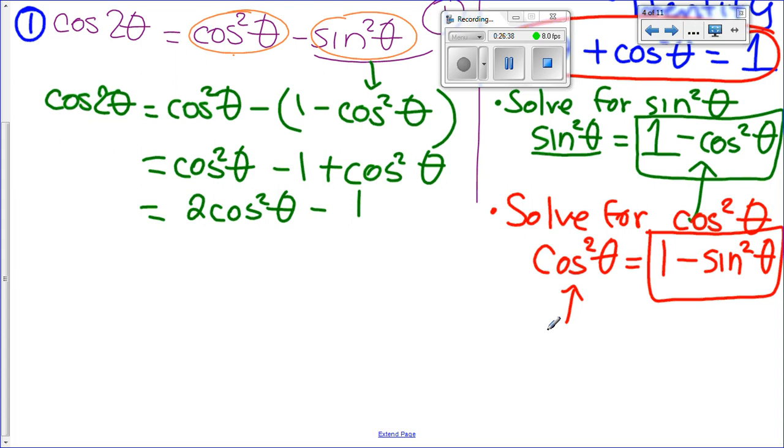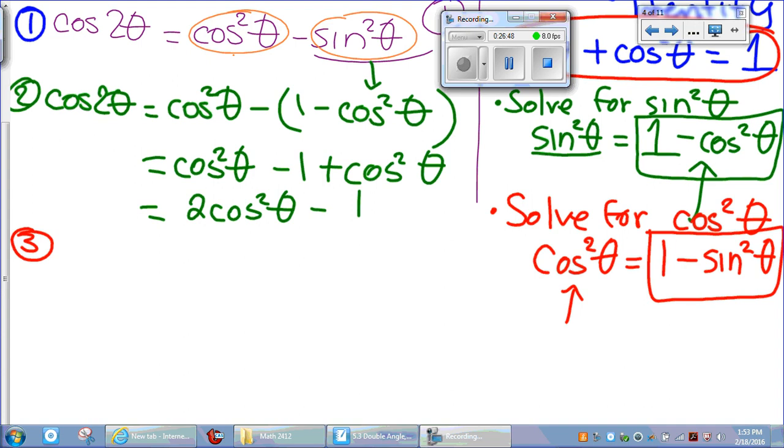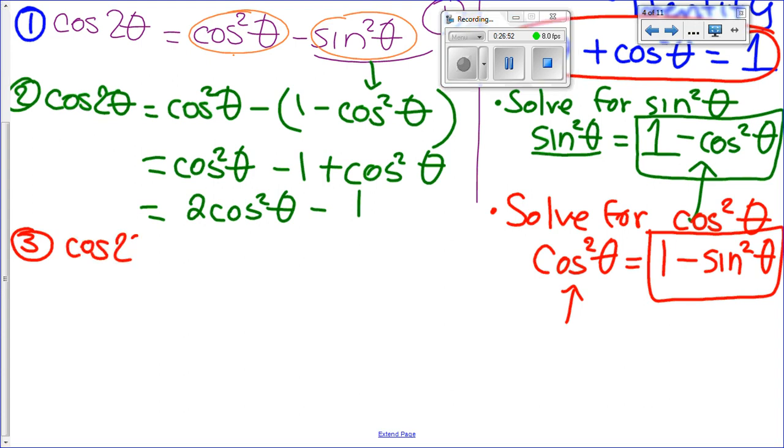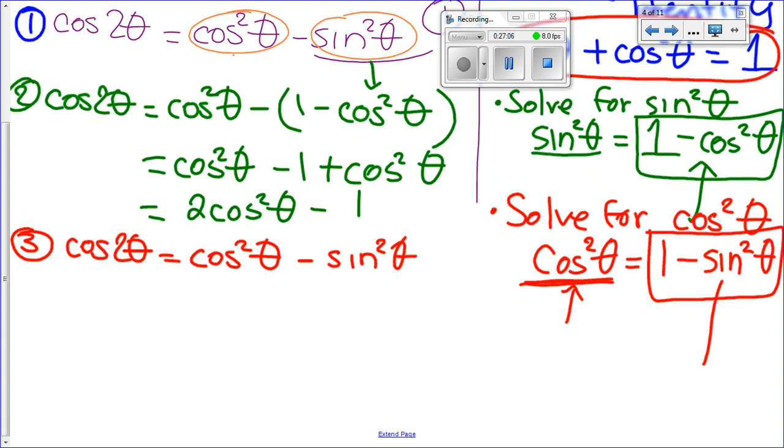So this was formula number 2, and let's find number 3. Okay, so let's go for formula number 3, guys. I'm going to start from formula number 1, and now we're going to replace cosine squared theta with this expression right here.